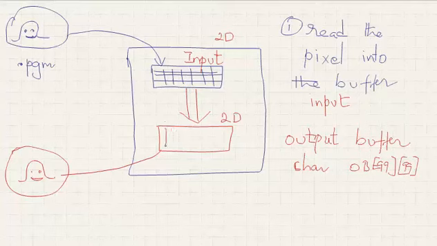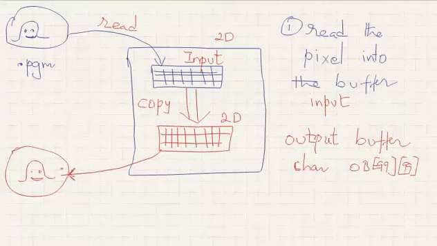So we got the same data that we read from the file, and then the last step is to write to the file, to another file. Okay, read the data into the input buffer, copy, and output.